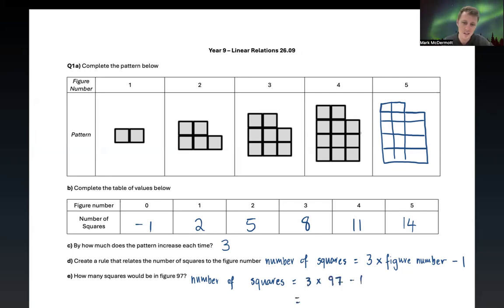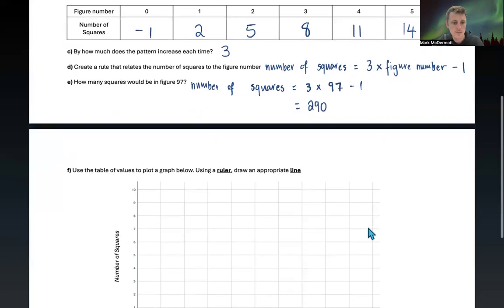So 3 times 97 is a bit tricky, but 3 times 100 is 300, minus 3 groups of 3. So that's 9. So 300 minus 9 is 291. Minus 1 is 290. So if we did continue our table all the way up to figure 97, there would be 290 squares.